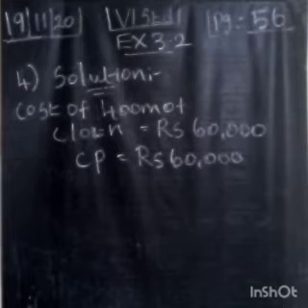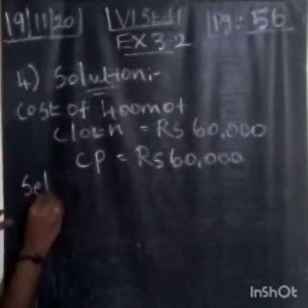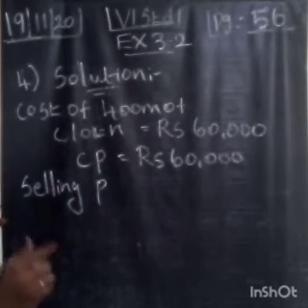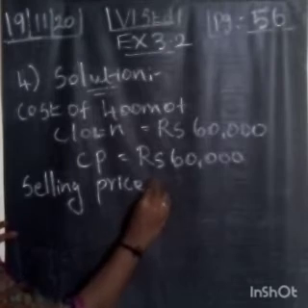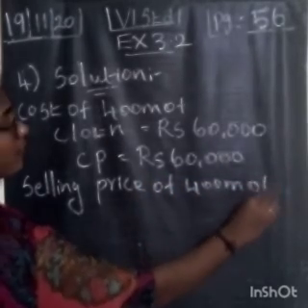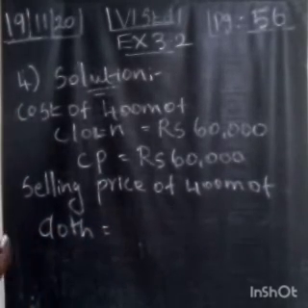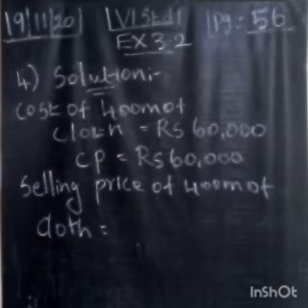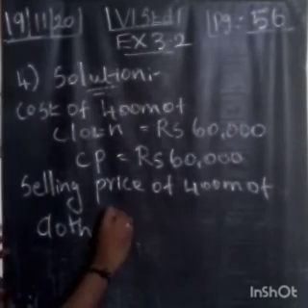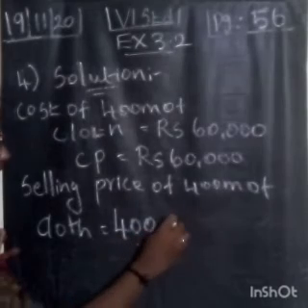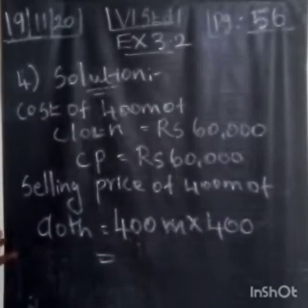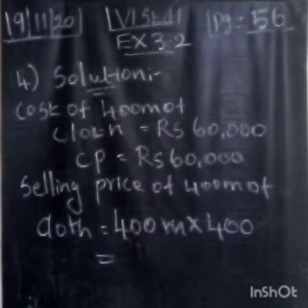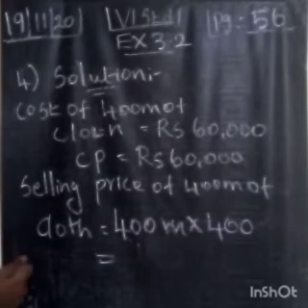A man bought 400 meter, so we need the selling price of 400 meter of cloth. 400 meter multiplied by rupees 400 per meter. 400 multiplied by 400, we get 1,60,000.